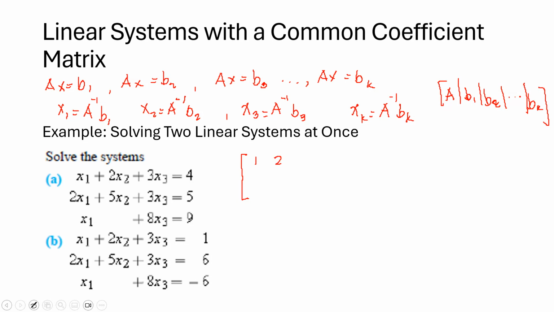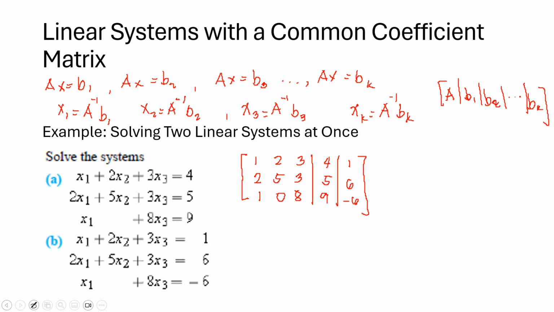So you have the rows 1, 2, 3; 2, 5, 3; 1, 0, 8. Then the partition, you have 4, 5, 9, and the second partition, you have 1, 6, negative 6. What you are going to do here is reduce this matrix to reduced row echelon form.